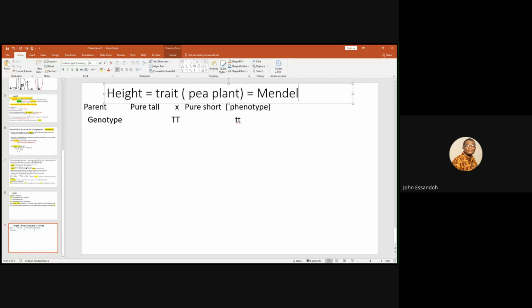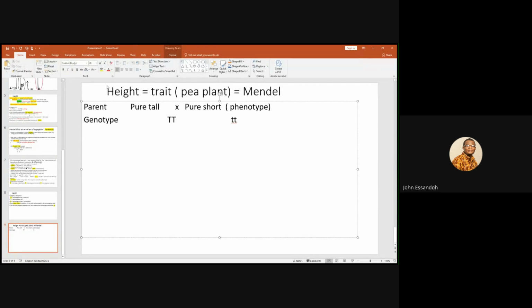So whatever Mendel did, we are now repeating it. You see, Mendel did the experiment without knowing about chromosomes, without knowing about genes, without knowing about alleles. So now we modern day people are repeating what he did to see whether it was correct or not.